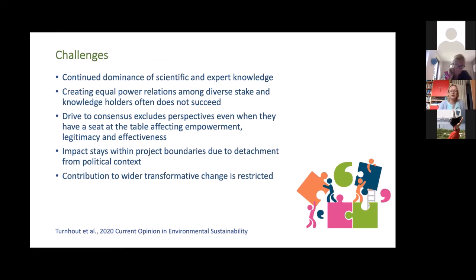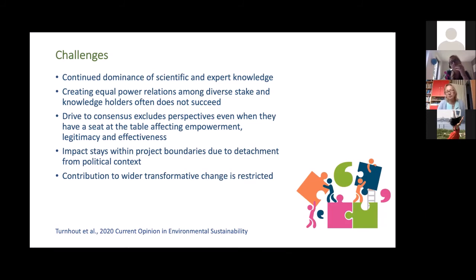You see that the creation of equal power relations often does not succeed. Scientists are still the ones who are seen to have the knowledge, and the other participants are still seen as the recipients or the implementers of the solutions that follow from these approaches. Now, to some extent, this is due to a drive to consensus, which excludes perspectives prematurely. So even when you have people at the seats, it doesn't mean that they can have a say.